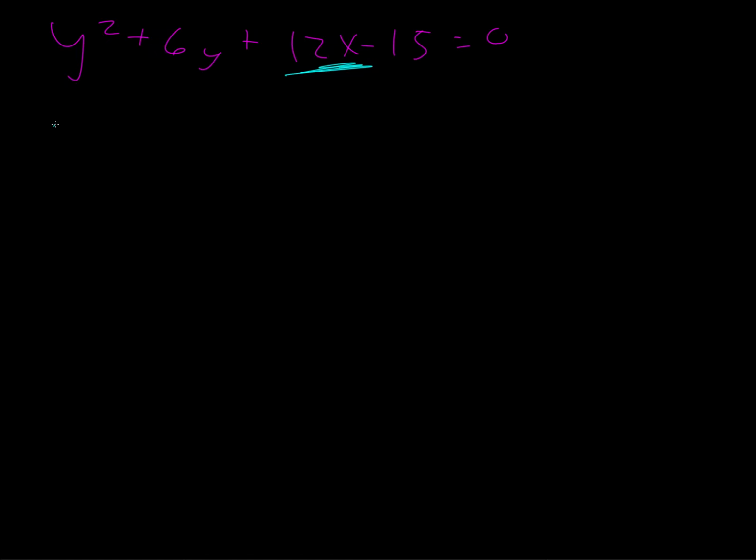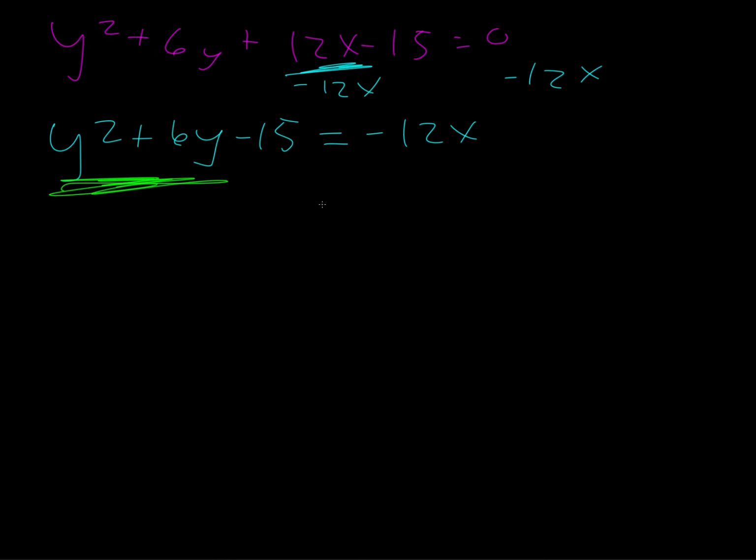So what I'm going to do is write y squared plus 6y minus 15, and then I'm going to subtract this 12x onto the other side, so I get negative 12x. Now from here, I'm going to take just this piece and complete the square. So I don't need to divide, I don't need to move anything.